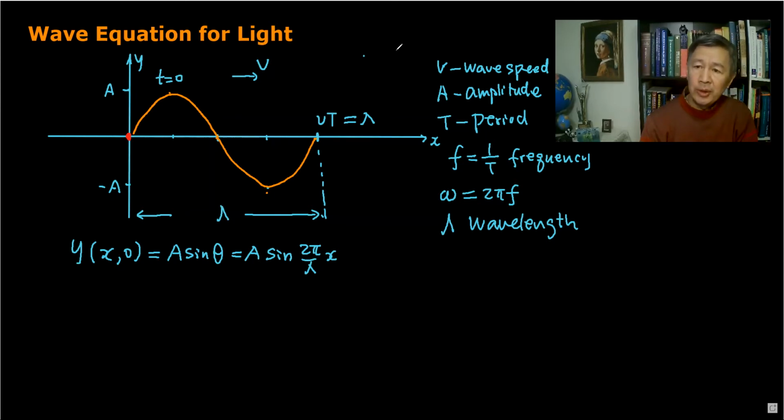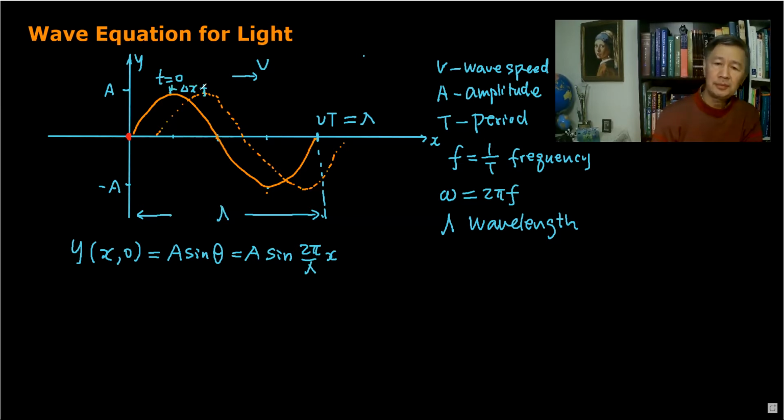Next, we assume that waves still propagate in space. So at the next moment, you will see the wave is shifted, displaced, or moved toward the right. Can we denote this displacement by, say, delta x?